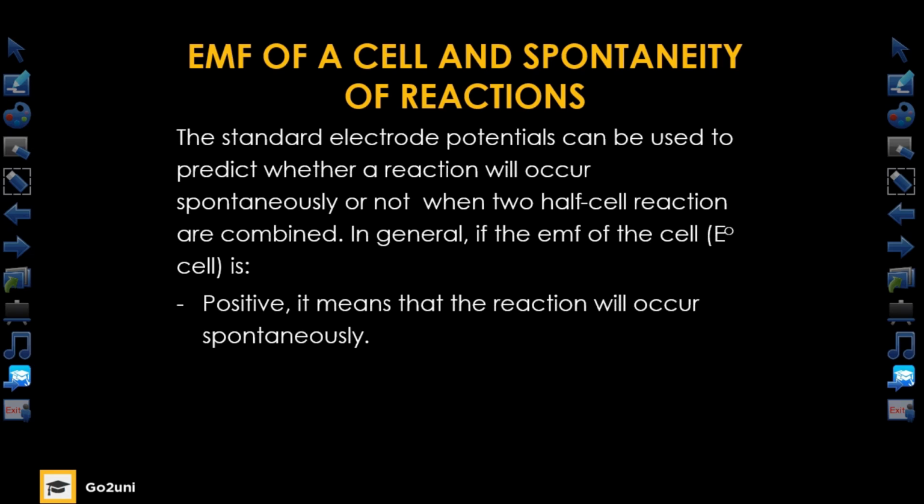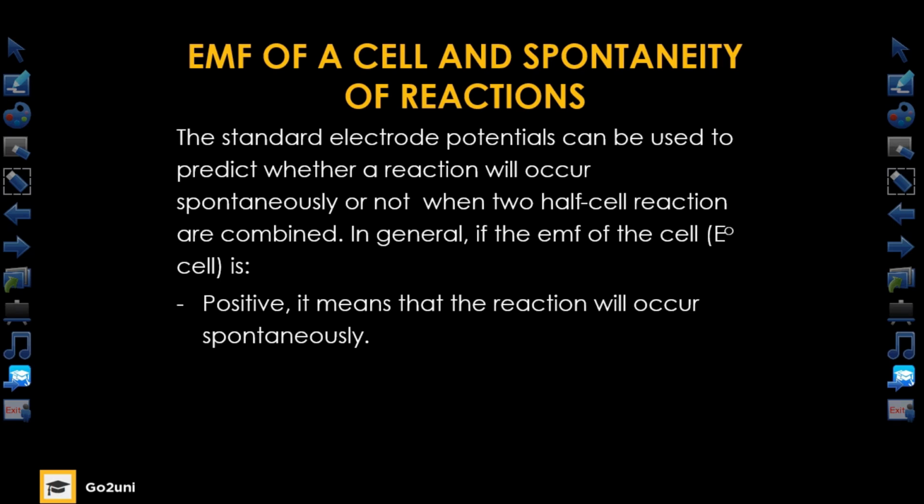To determine the spontaneity of a reaction, we know that if the electropotential E naught is negative, the reaction isn't going to be spontaneous, just as we calculated in the last example. But if it is positive, then the reaction will be spontaneous.